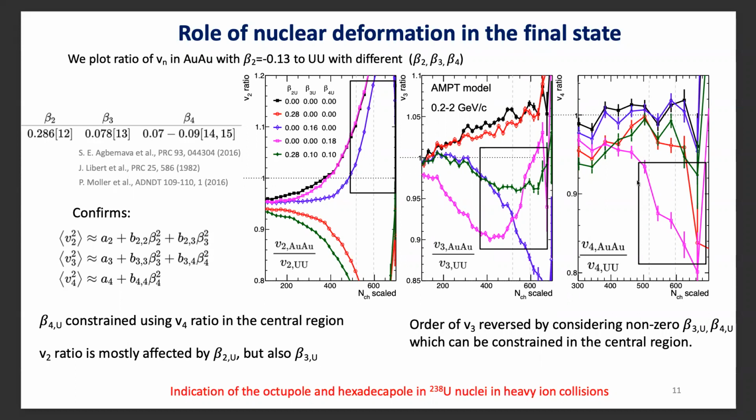Any questions? So maybe I'm not fully understanding. The data that you considered here, you take these as static deformation. But in this collision process, you can observe dynamic effects, and what you see is maybe a mixture of both. How do you disentangle that, or aren't you making some extreme assumptions by assuming that everything that you see comes just from static deformation?